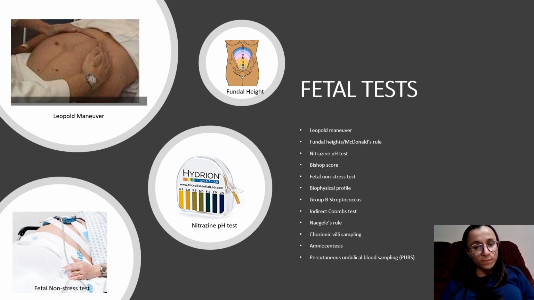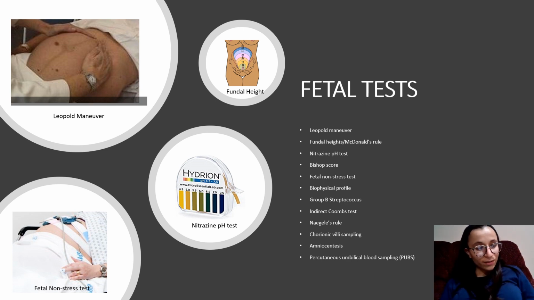Next we go on to Bishop score. The Bishop score is used to assess and rate cervical readiness for induction. The higher the score, the better chance of successful induction. So you want a high score, like over 8. Fetal non-stress test, this is very common. This is done after 28 weeks of pregnancy, and it's just seeing how the baby's doing.